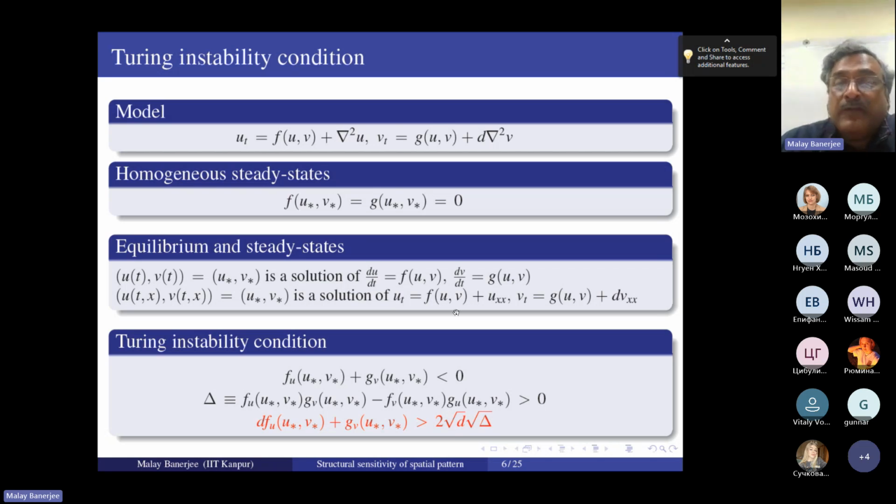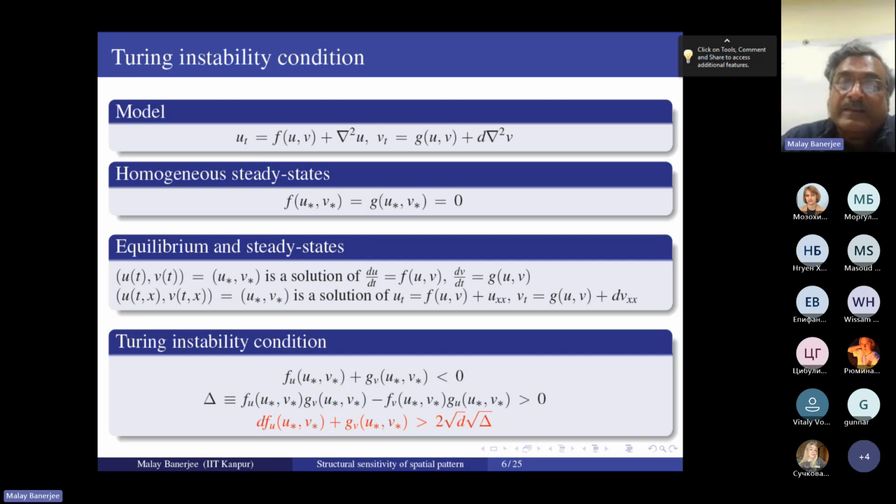But we have to keep in mind that the Turing instability condition ensures only the instability of the homogeneous steady state under small amplitude heterogeneous perturbation. But this instability condition never assures the existence of a stationary pattern or a non-stationary pattern. There are several examples where, although the Turing instability condition is satisfied, we are unable to find a stationary Turing pattern.